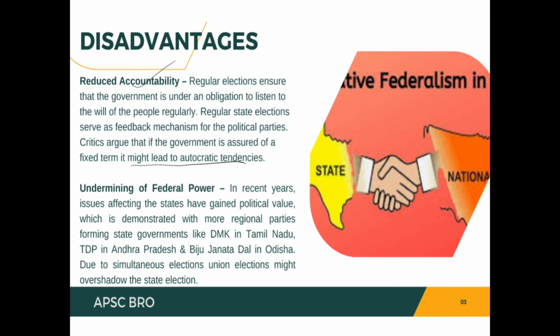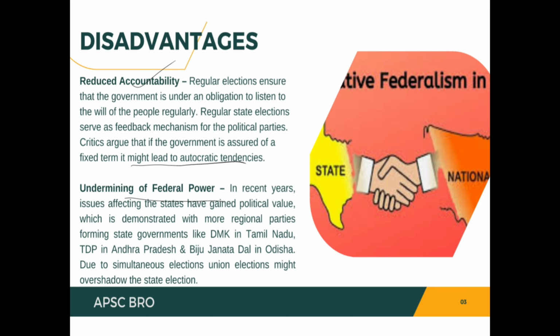Second thing, this undermines the federal power. If there is a simultaneous election in which I am voting for both the center and the state, somehow I will be more inclined towards central politics. When I'm casting my vote, I know my vote is going to help form the government in the center as well as the state.